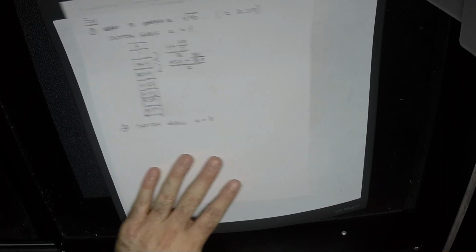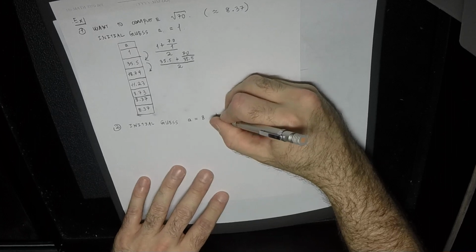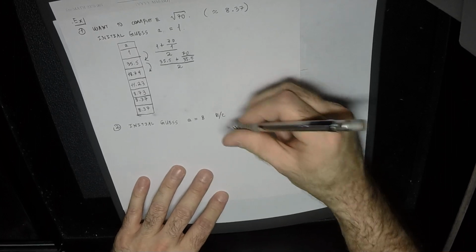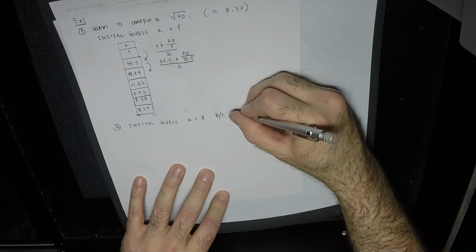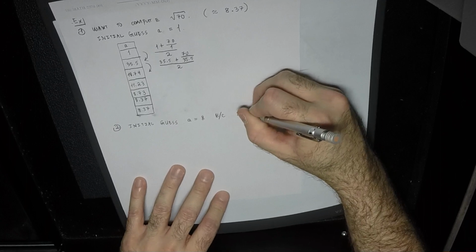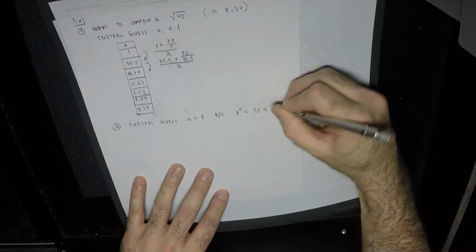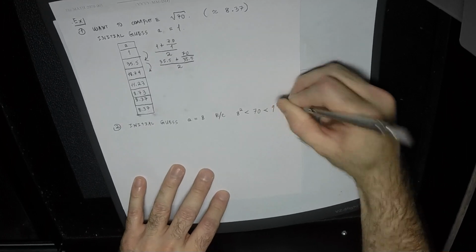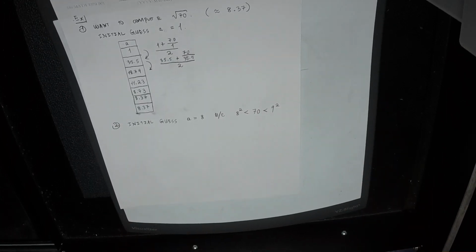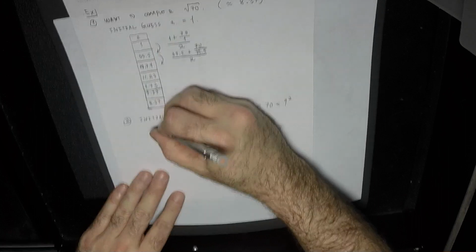A equal to 8 because, after all, 8 squared is less than 70 is less than 9 squared. So surely the square root of 70 has got to be between 8 and 9, so it's better to start at 8. All right.